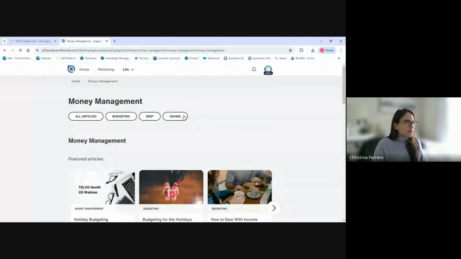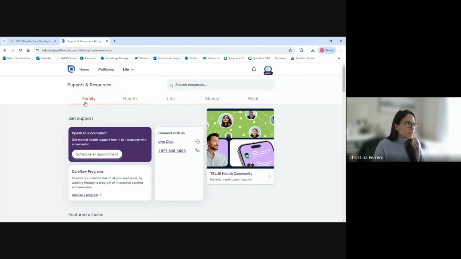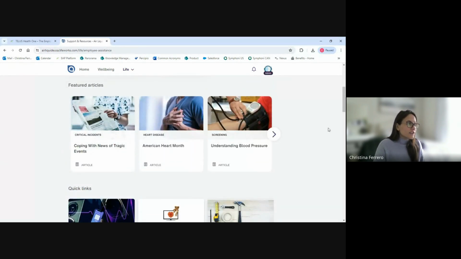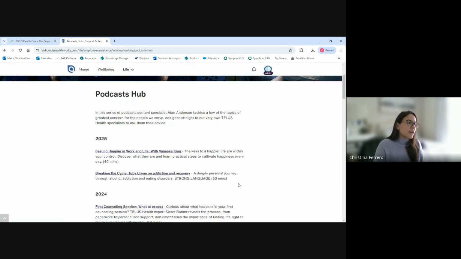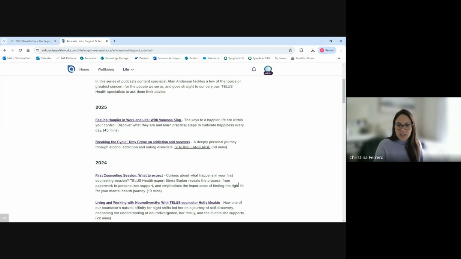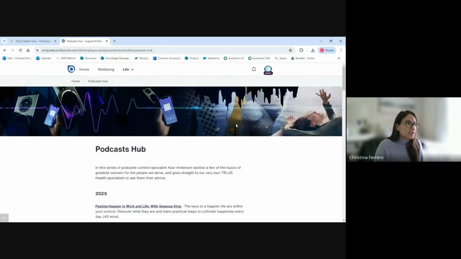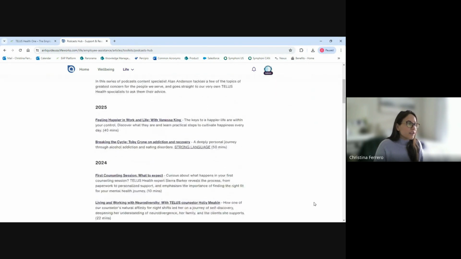Again, just showing that there are all different types of resources here. There's no off limits topic. We have a ton of different ways that you can access it: the articles, the quick links, there's Podcast Hub. I love that sometimes I'm not in the mood to read, and I just want to go outside and go for a walk. I can listen to the different podcasts available here.